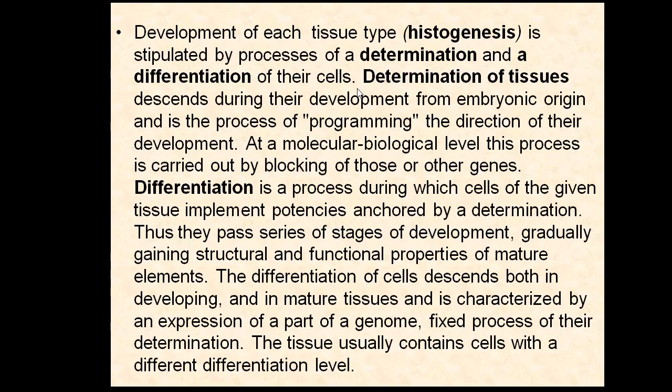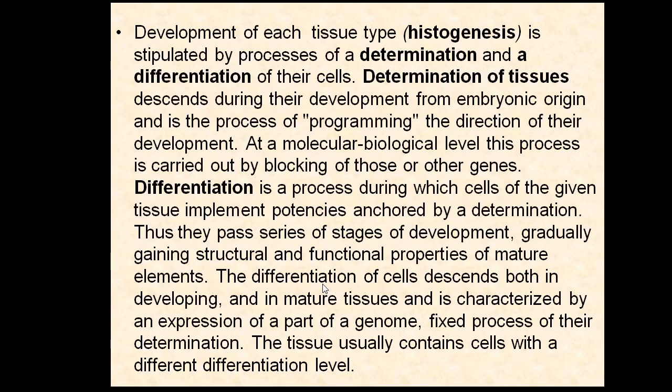Determination provides the differentiation. It is the process during which cells of the given tissue implement potentials anchored by a determination. That's why during determination, some genes are arrested, but others work. And according to this euchromatin, cells start to produce proteins, and these proteins provide the special function of these cells.